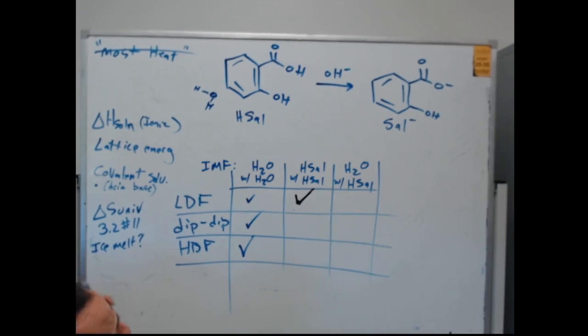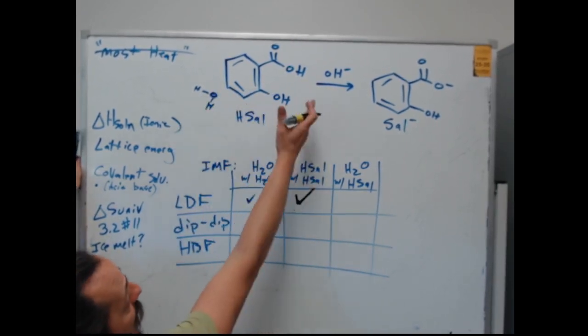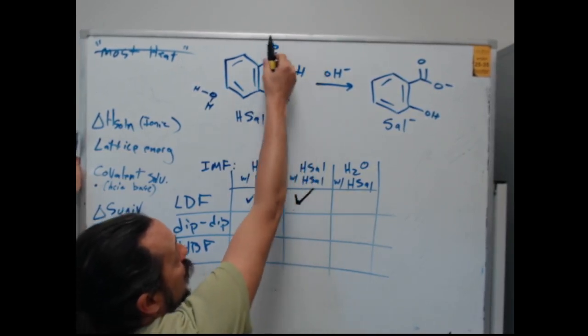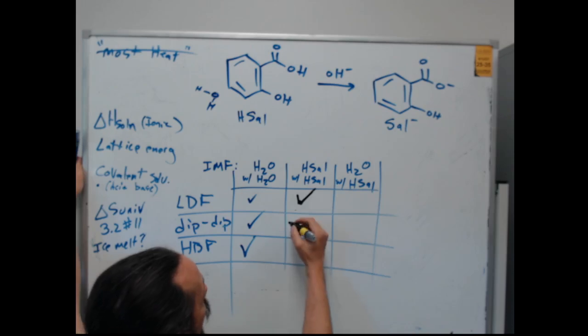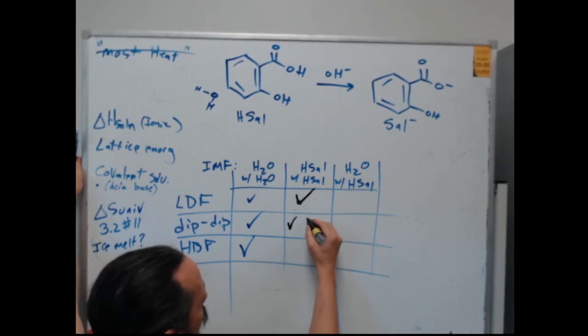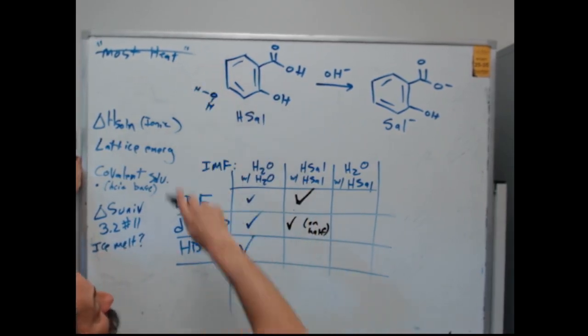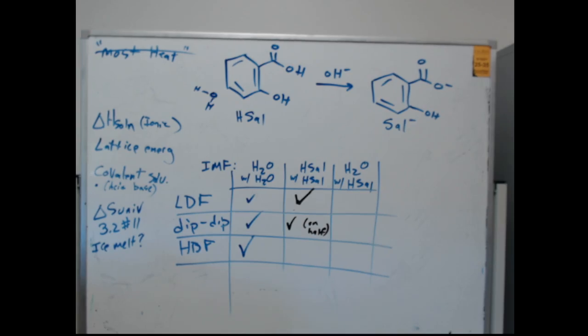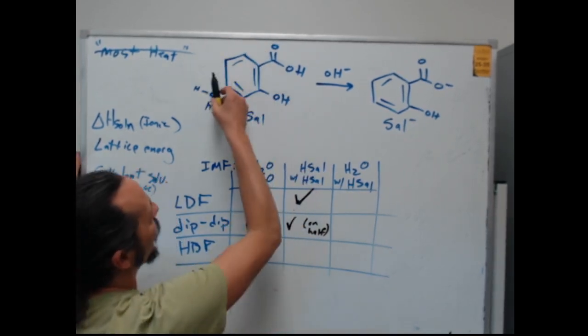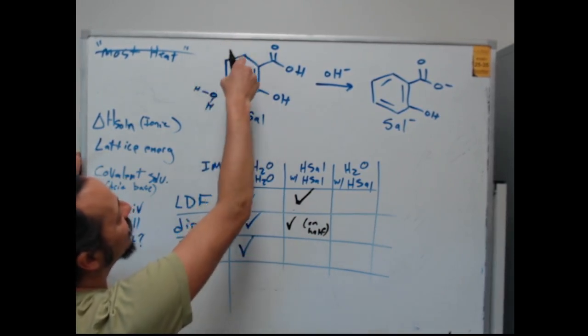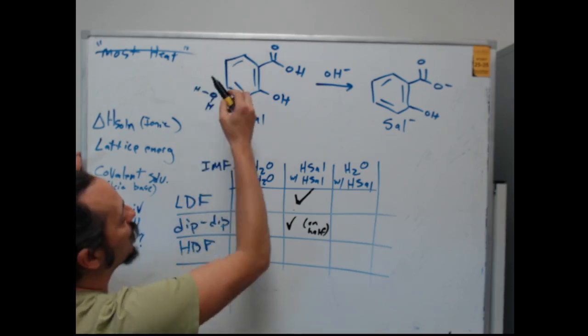It's got something weird going on with the dipole-dipole force, right? It's got strong dipole-dipole force and hydrogen bonding force on half of it. Over on this half, the dipole-dipole force is usually across 2 or 3 carbons. So once I get to this other side of the salicylic acid, I've got this whole chunk that's nonpolar.